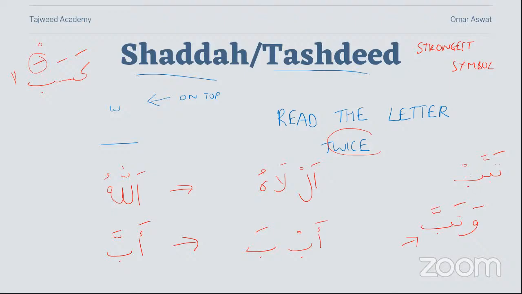The last bit I just want to mention, and we'll conclude with this, inshallah, is the symbol of mad. There are two symbols you'll find. One looks a bit like that, and the other is the rounded line.